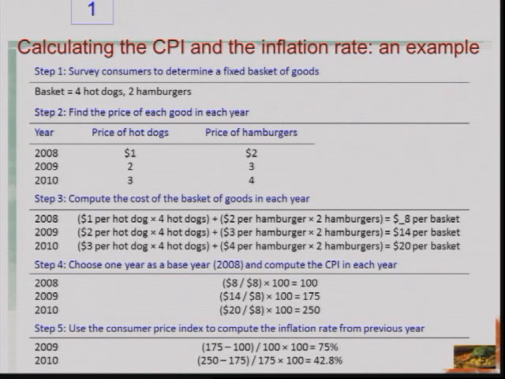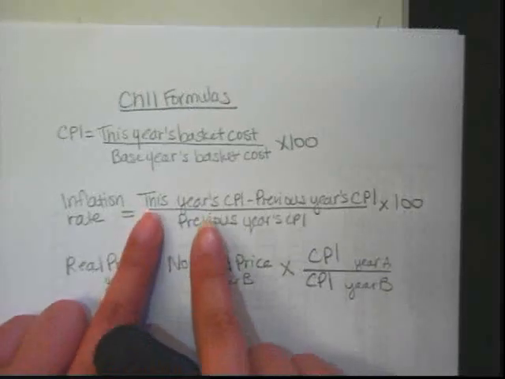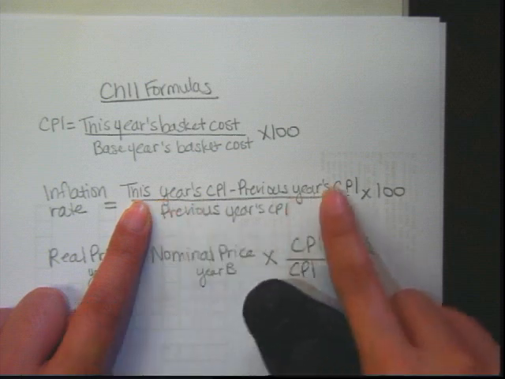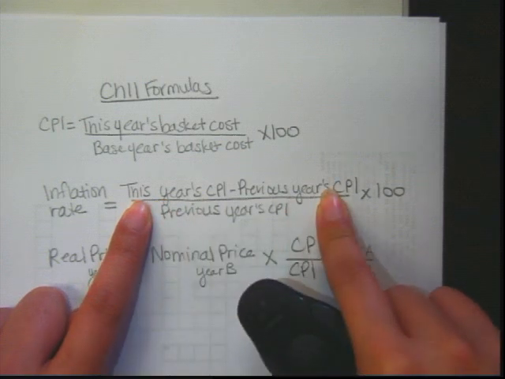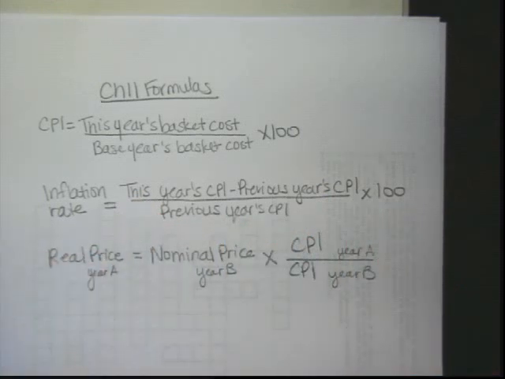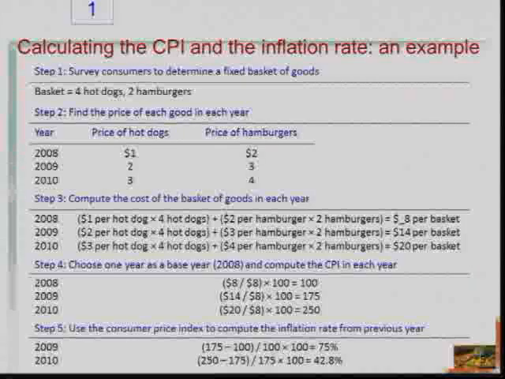And like I said, once you figure out the CPI, you can plug that into the inflation rate formula. Okay. I know you have this in your notes, but just a reminder. This year's CPI minus the previous year's, divided by the previous year's, times 100. Okay, so this is 2009. This year is 2009.